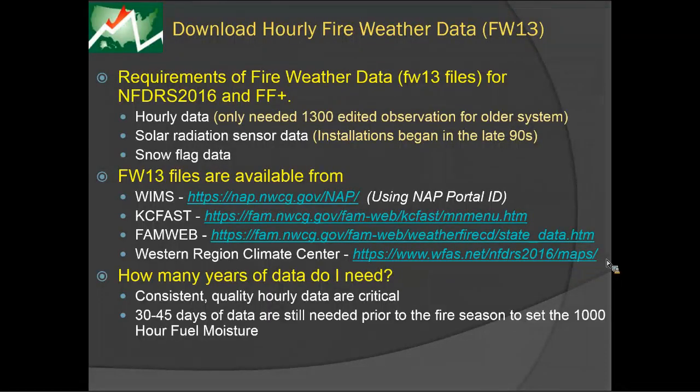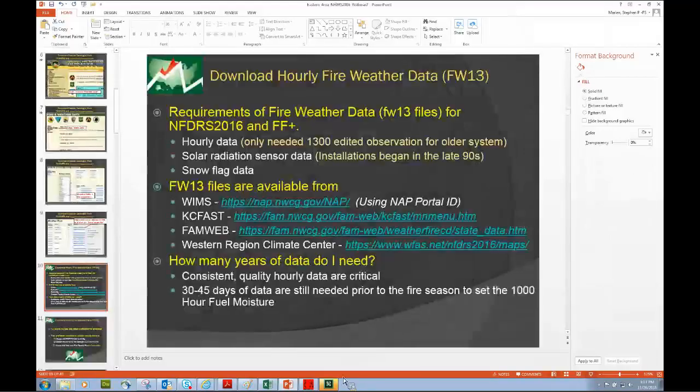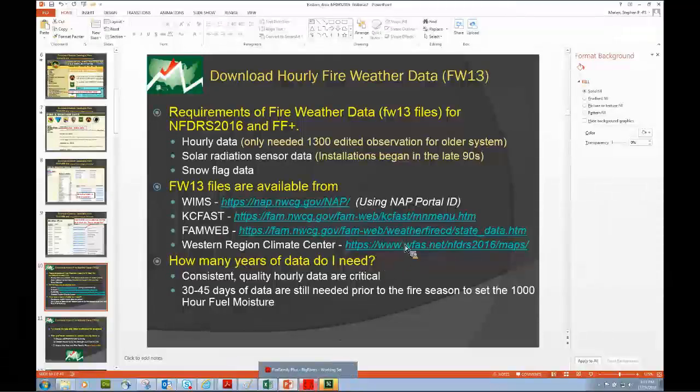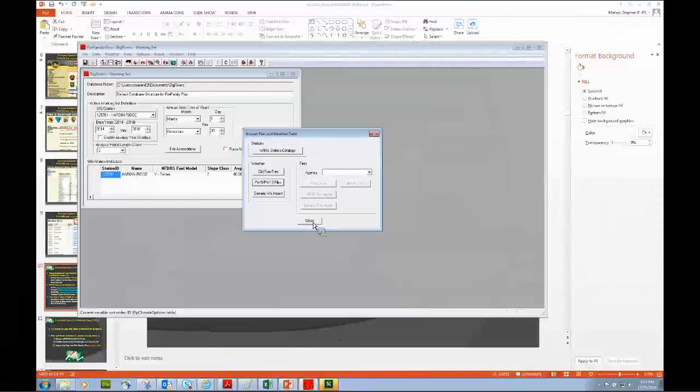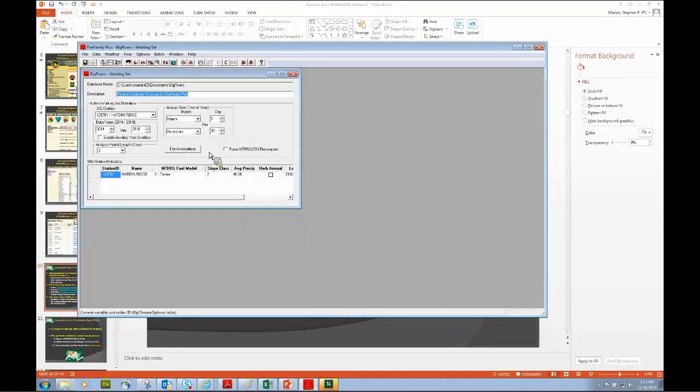One thing I can show you guys, and I think I'll put it in the PowerPoint, is the only thing I forgot: importing the station catalogs. I created a Big Rivers database, a new one in my new version of Fire Family Plus.